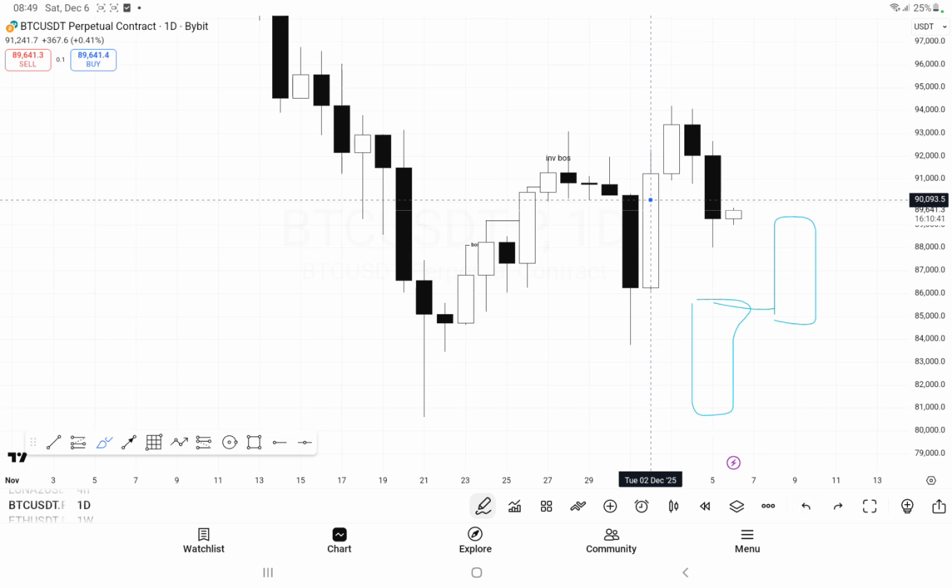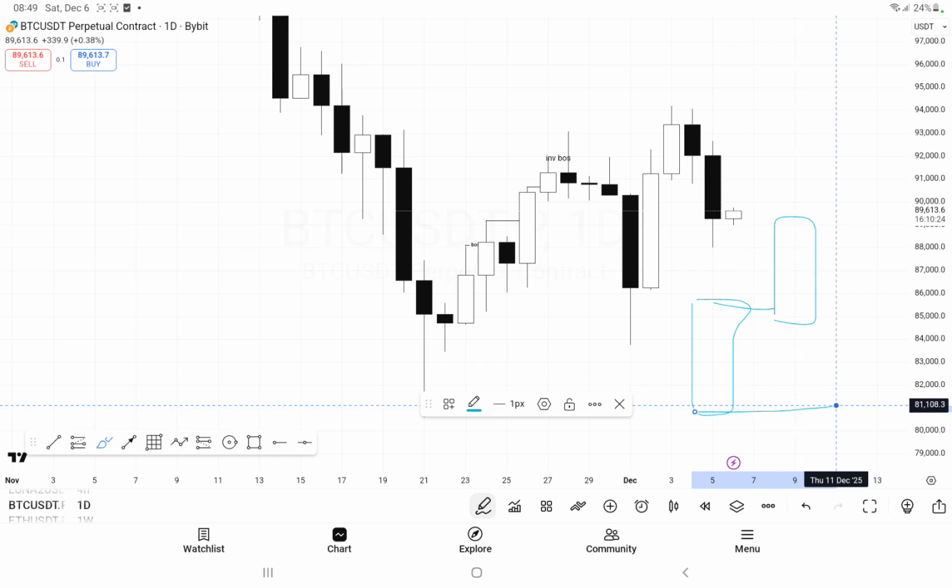So how can we say the market has changed character, has changed market structure? It has shifted to a bearish structure. You have to see price go below the low of the lower candlestick.